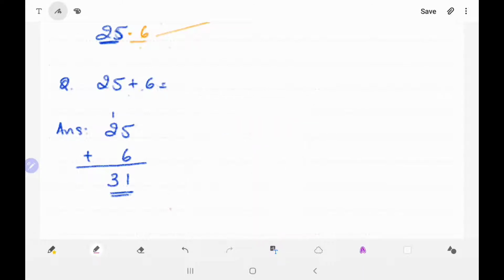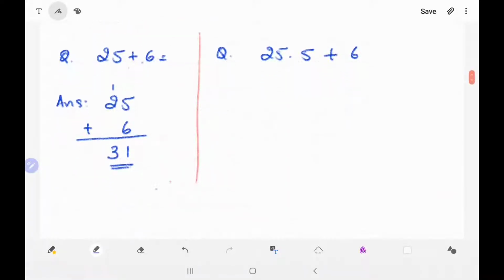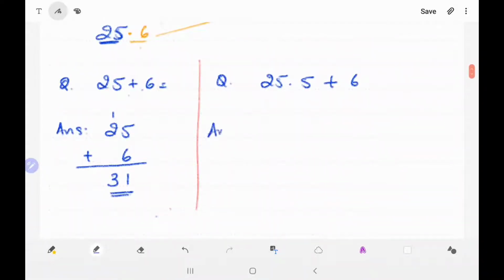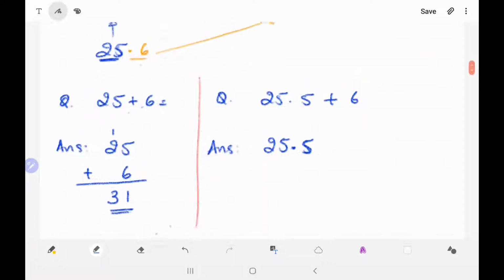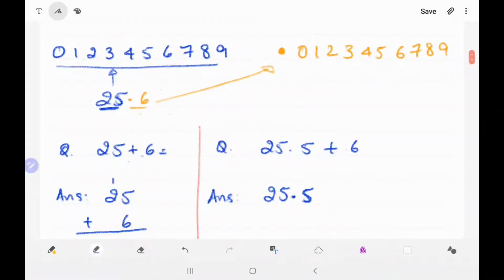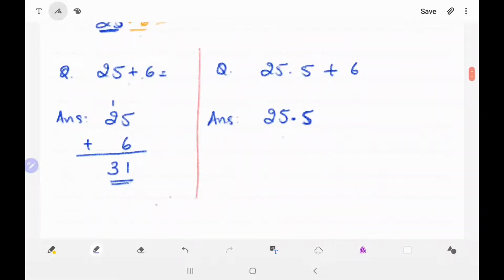So another question: 25.5 plus 6. Now this is interesting. This is the key, Josie: you need to write 25, dot 5, so that's the decimal. Now 6 is a whole number, it doesn't have a dot in front of it, so we need to put 6 on this side.